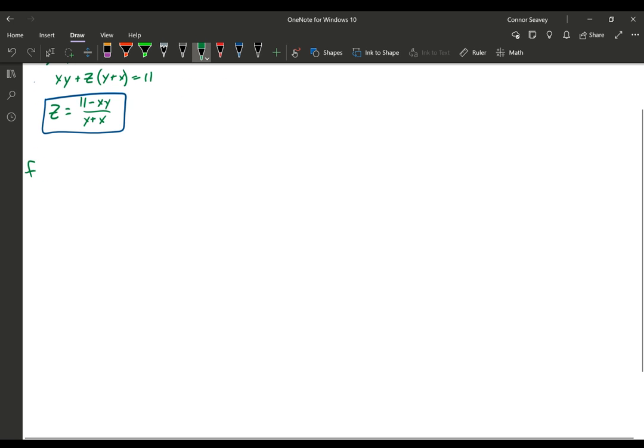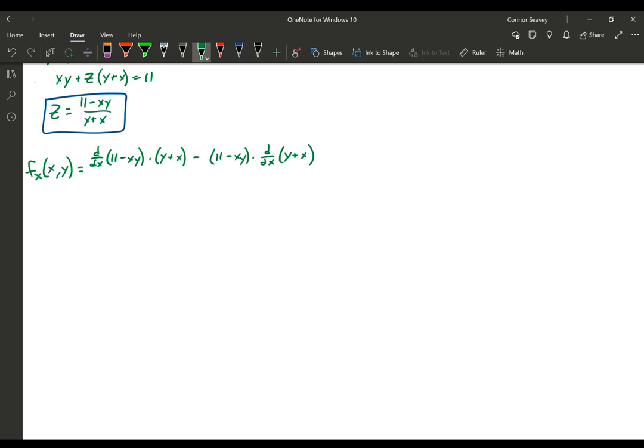So the first partial with respect to x is going to be the derivative with respect to x of the top of that equation there, 11 minus xy, times just the bottom, y plus x, minus just the top, times the derivative with respect to x of the bottom, all over (y plus x) squared.